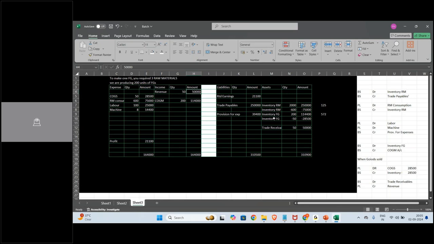Based on the operation, you will know the actual number of labor consumed. Some days you may employ 8 casual laborers. All the labor consumption, how many hours of machine have been expended, how many hours of electricity have been expended, all this information you get to know only at the end of the month.